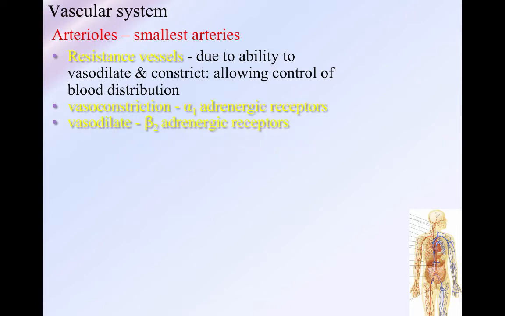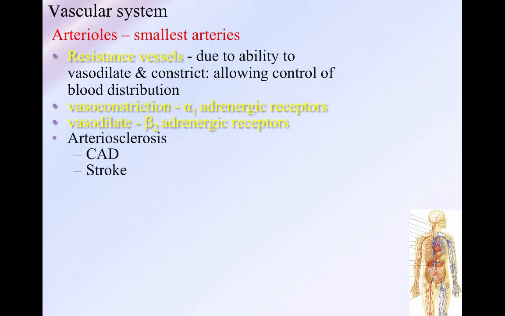On the other hand, blood vessels that have primarily beta-2 adrenergic receptors will respond primarily by vasodilating. And so it's not surprising that we find that the arterioles of the heart and skeletal muscle are high in beta-2 adrenergic receptors, whereas the blood vessels of the internal organs are high in alpha-1 adrenergic receptors. And so when we exercise, we divert blood away from the internal organs and to the heart and the active skeletal muscles.